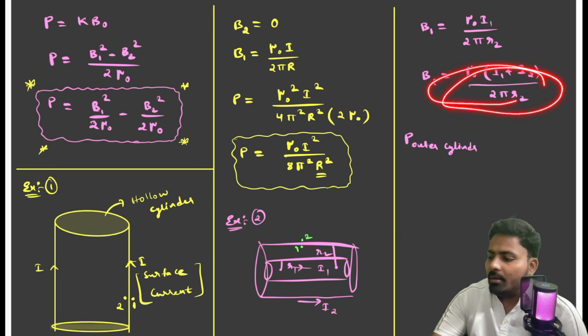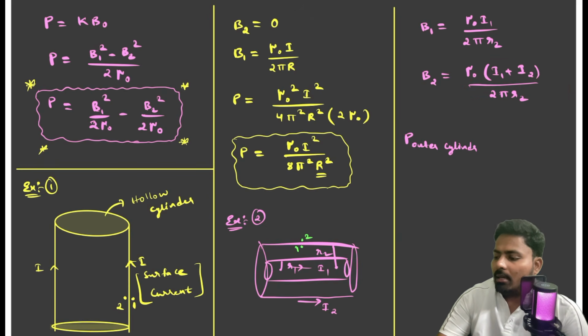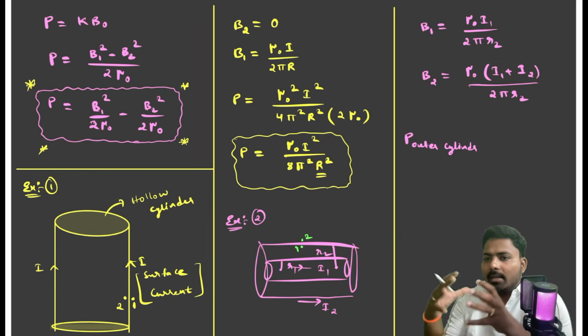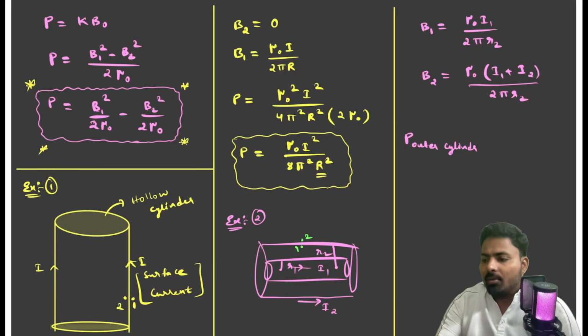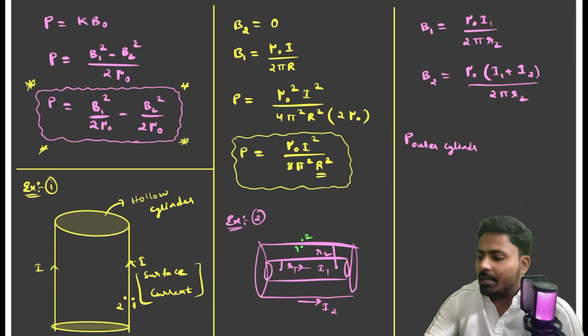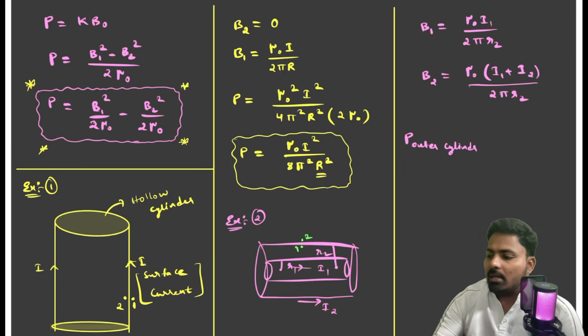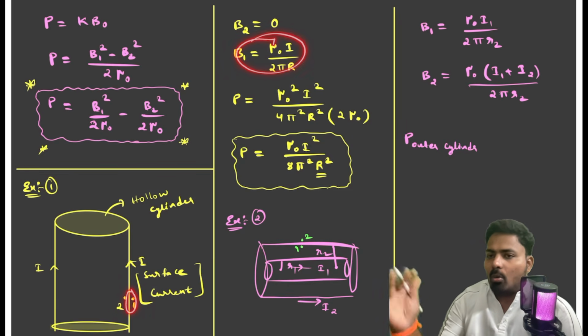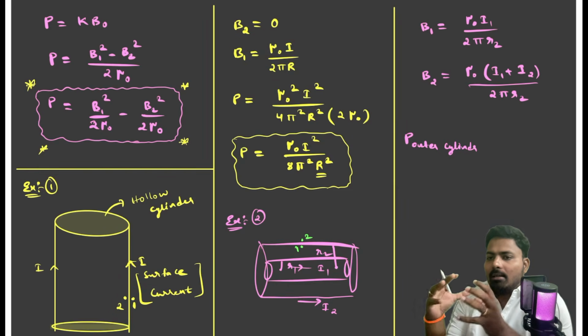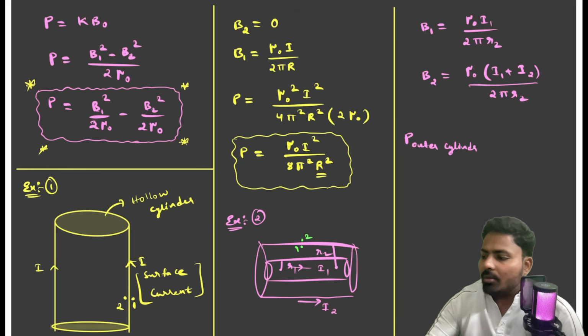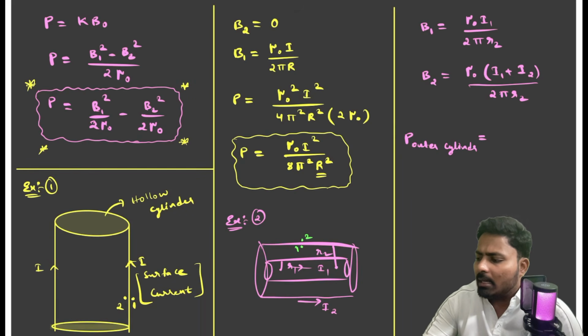Outside it is more, right? So when outside is more than inside, you can see that it is getting compressed. In the previous one also, inside it is 0 and outside is the field. So outside is more than inside means it will try to get compressed.